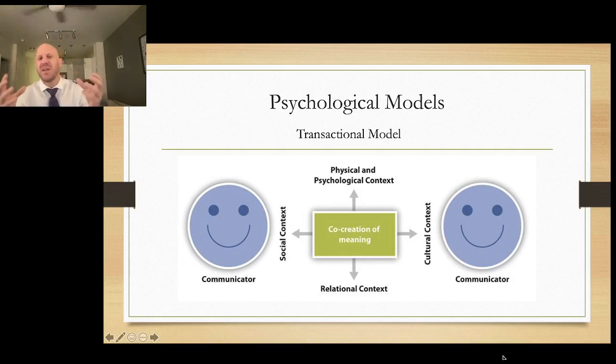Again, this is primarily, though, about two minds trying to figure out what's happening, and that's why I refer to this as a psychological model of communication. But it's definitely improved upon it. Be sure to read about the linear and transactional models in the textbook.